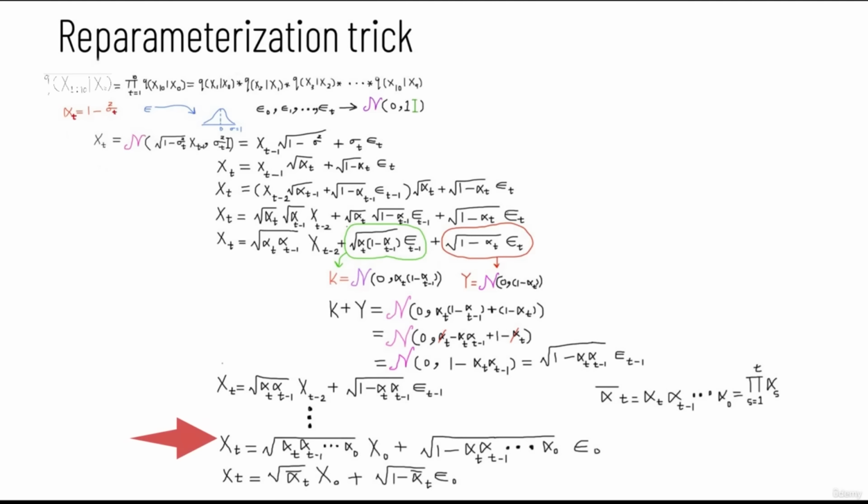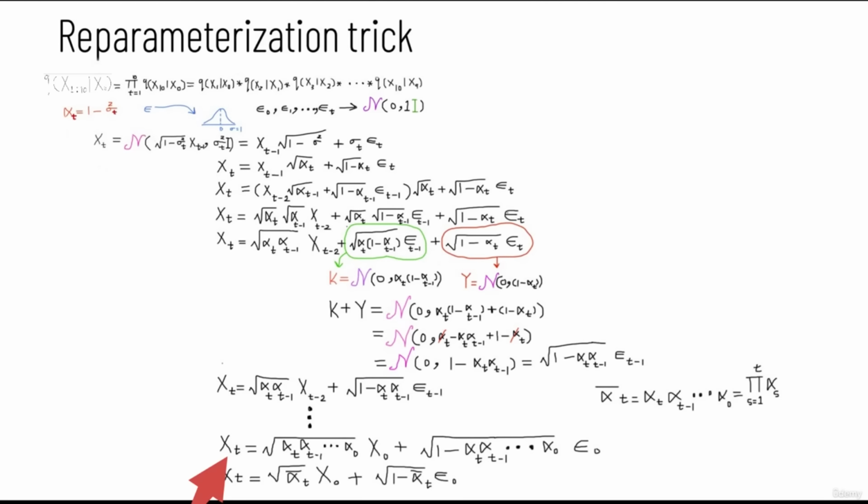And we will do the same thing again and again. We will open this xt minus 2 variable and do the same procedure. And we will get xt minus 3, we will open it, and we will do the same thing until reaching x0.